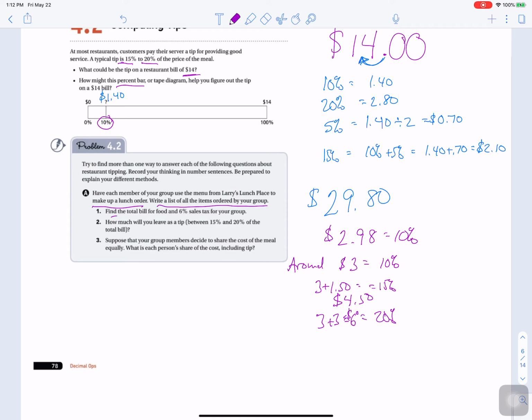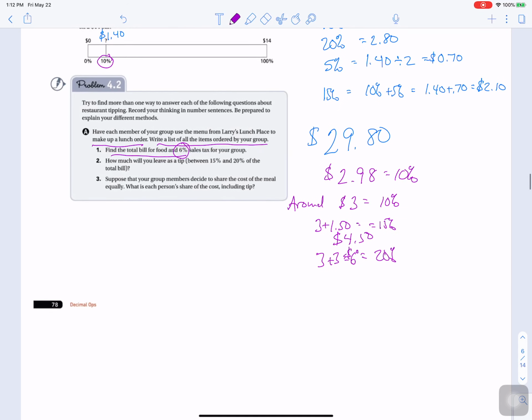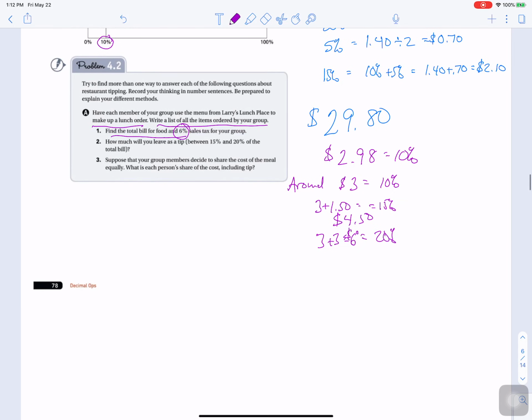Then I want you to find the total bill for food and 6% sales tax for your group. Whatever your items are, maybe they add up to $27.50, and you are going to get the total.